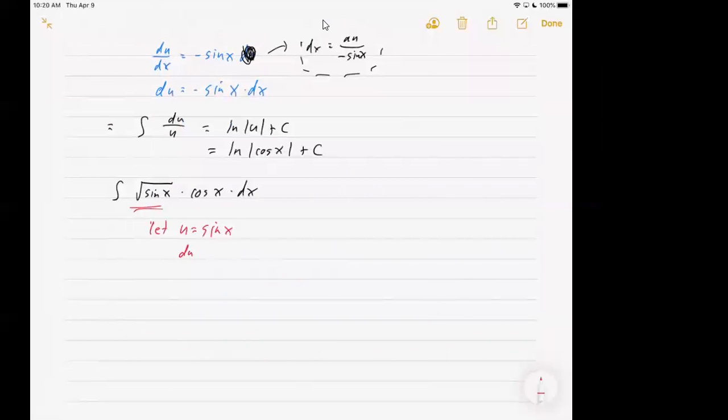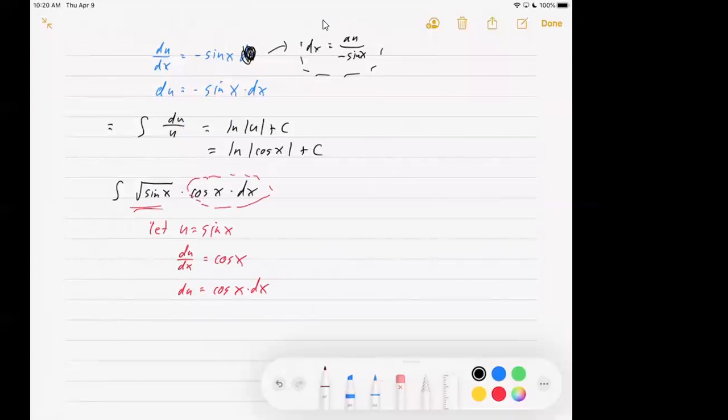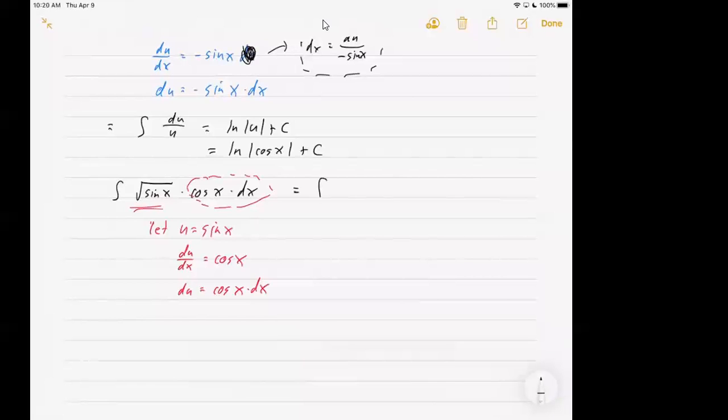So du/dx is cosine of x. Du is cosine of x dx, which we have right here. So I can rewrite this. We do it on the same line. This becomes the integral of u to the 1/2 power with respect to u.